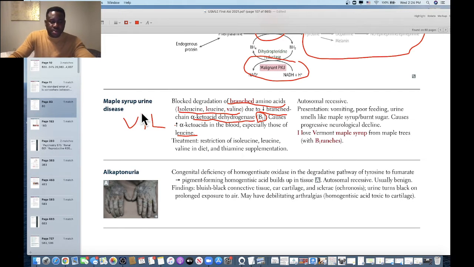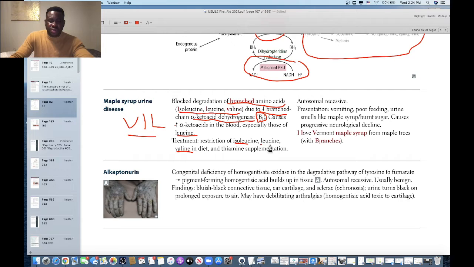So maple syrup is due to what? Increased VIL amino acids, because these ones cannot be degraded because the person lacks alpha keto acid dehydrogenase. And then treatment is restriction of the VIL.